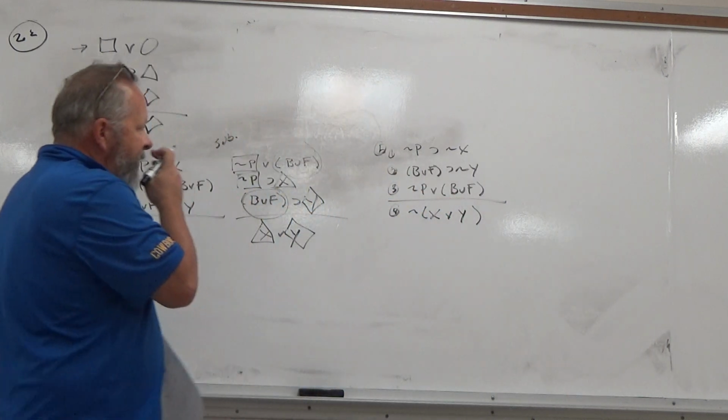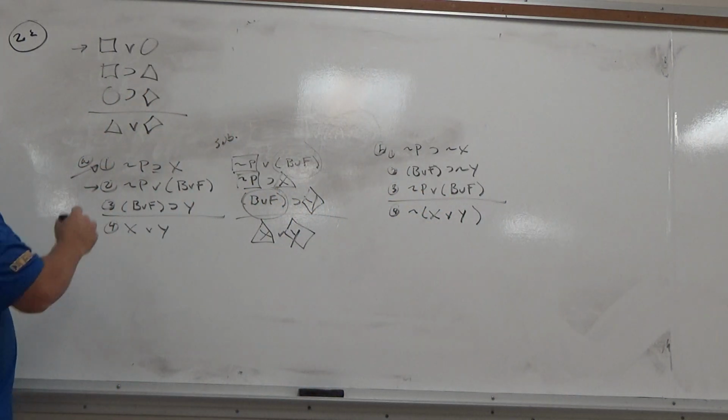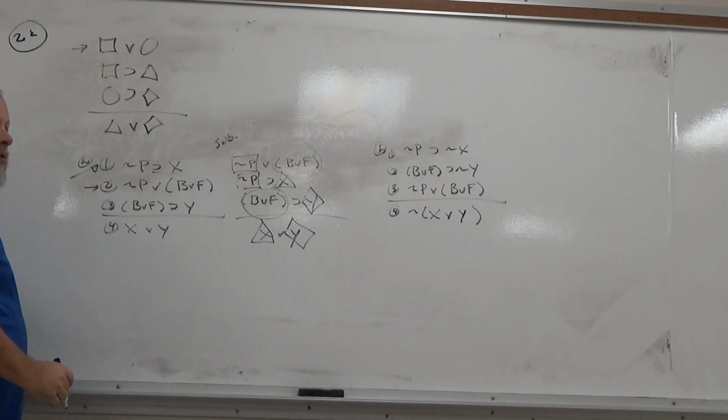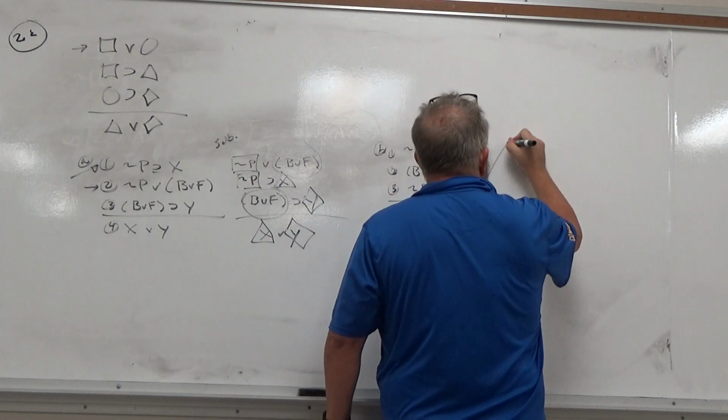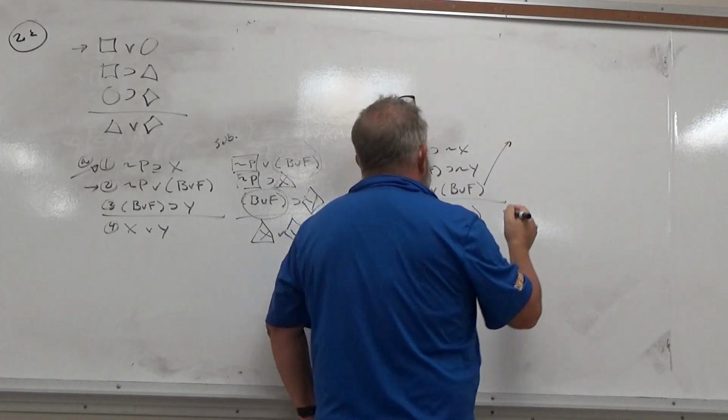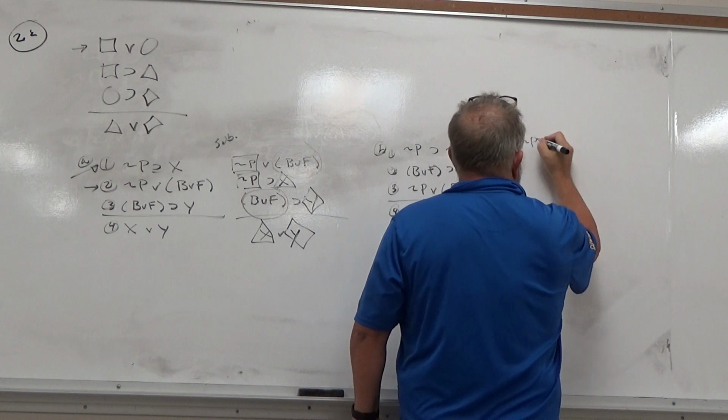Now, I think right away I'm going to need to do some reordering because we would like to start with the disjunction. That's easier. You can do this in your head, or you can rewrite it, which avoids mistakes.